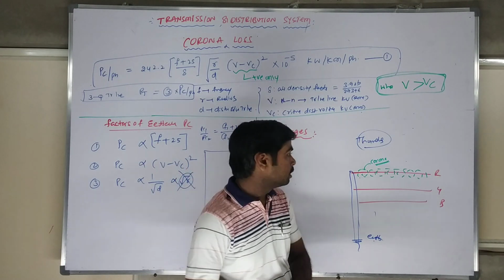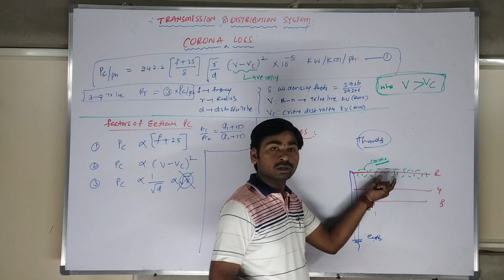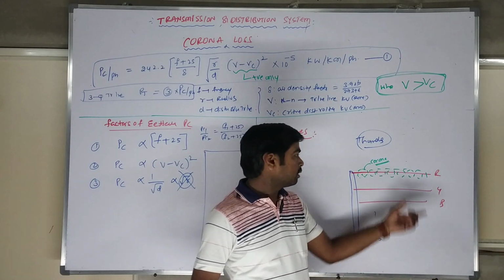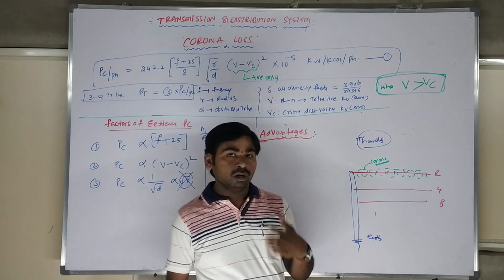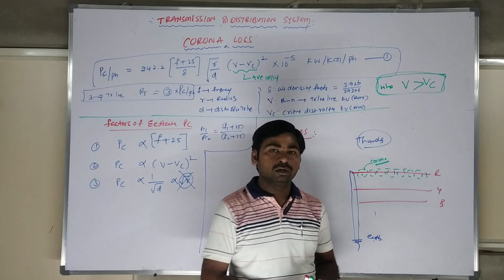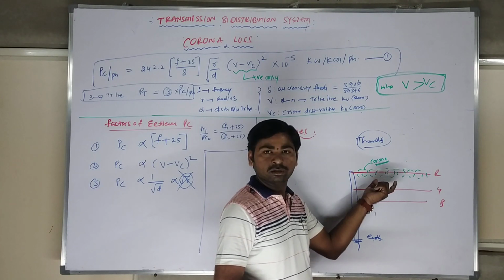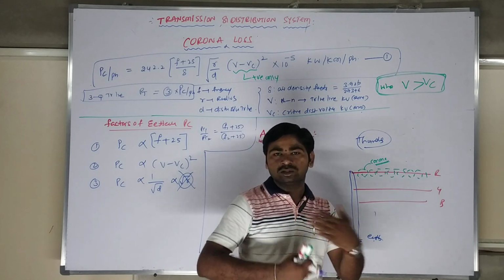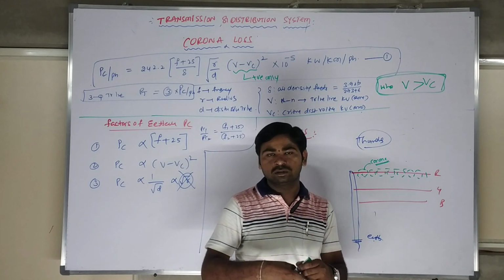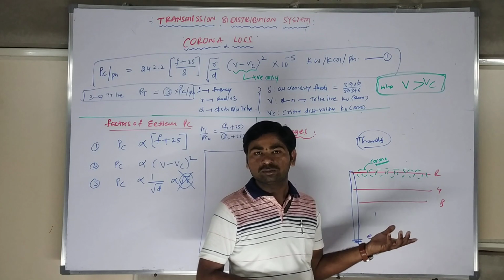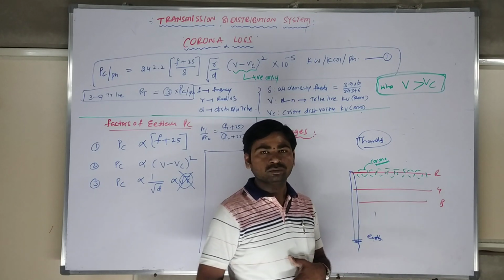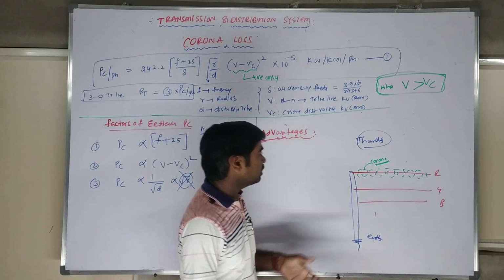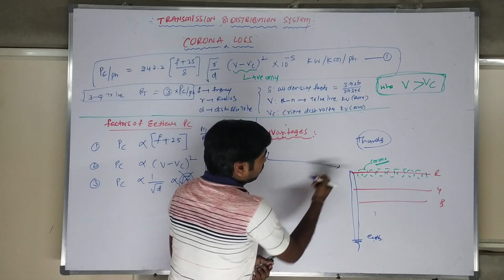If the extra power is not bypassed to the earthing or to the environment, your transmission line is going to be damaged. The extra high voltage ionizes the molecules surrounding the conductors, so corona loss takes place. The excess power in the transmission line is forwarded into the atmosphere via corona loss. That is the advantage of corona loss.